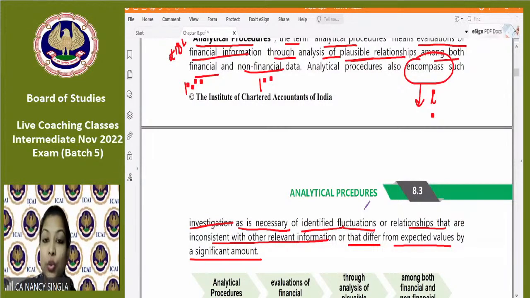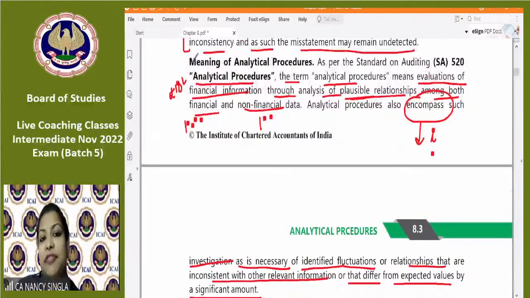Now, students, if you remember when we did the definition of SA 520, we saw that it is evaluation of financial information through analysis of plausible relationship among both financial and non-financial data. And the next line said that it also encompasses investigation as is necessary. Okay?